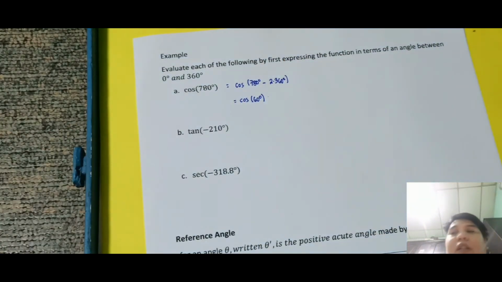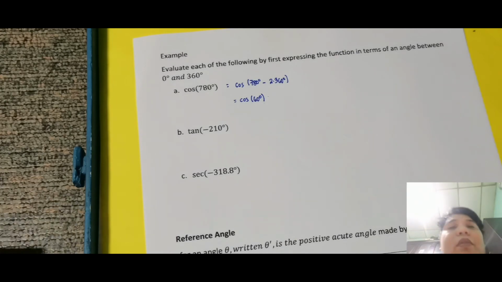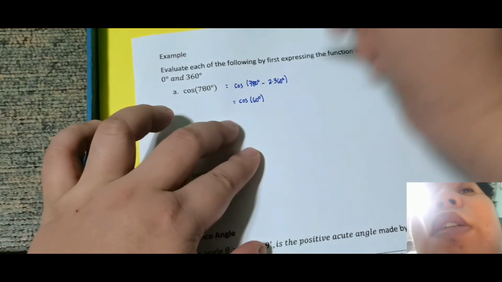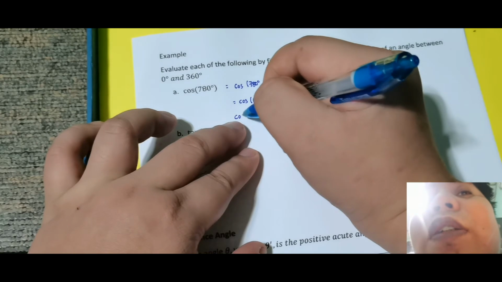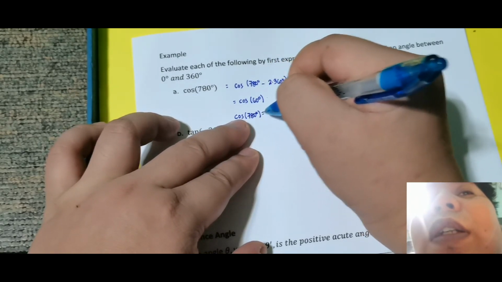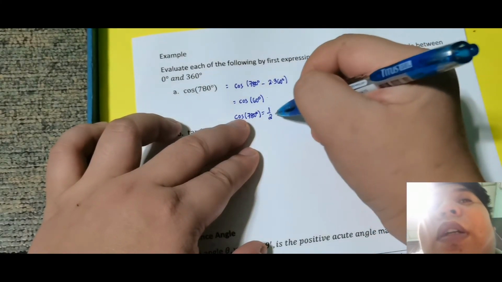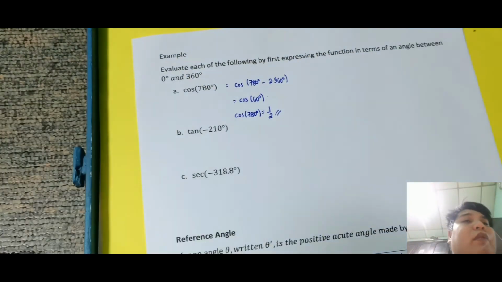Eh what is cosine 60 degrees? Based sa ating computation last time, cosine 60 degrees is 1/2. So meaning, si cosine 780 degrees ay equal lang sa 1/2.